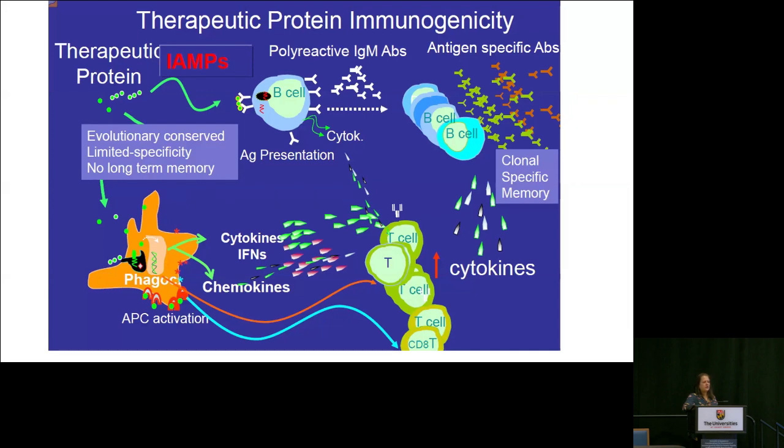But then our experience has told us that it's not the case, because even though the intent is to make a fully human protein, we are always going to have to worry about post-translational modifications, or we may have sequences in the CDR region which are non-self, and they are going to trigger a T-cell dependent antibody response, and that's how we detect those antibodies.